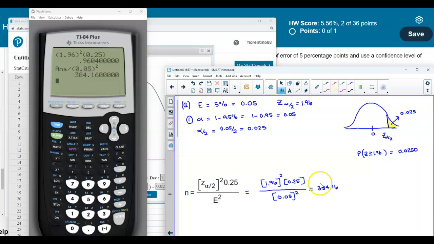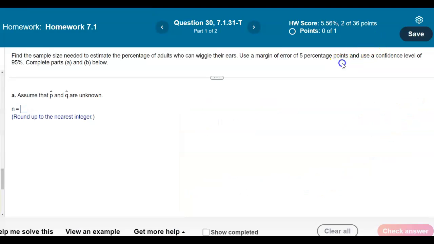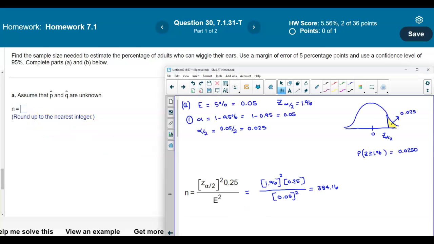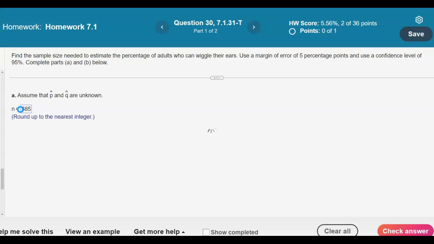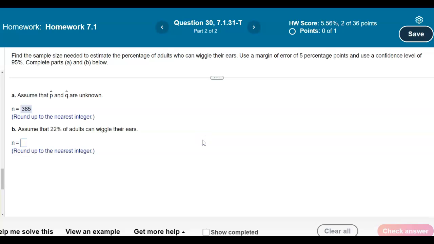Now recall that it says we need to round up to the nearest integer. So we need to round up because we're dealing with a sample size. Therefore this gives us 385. So let's put in the answer 385, and there is our result.